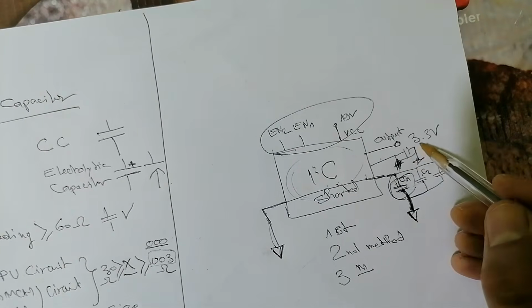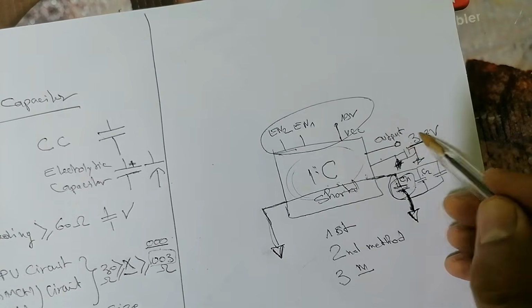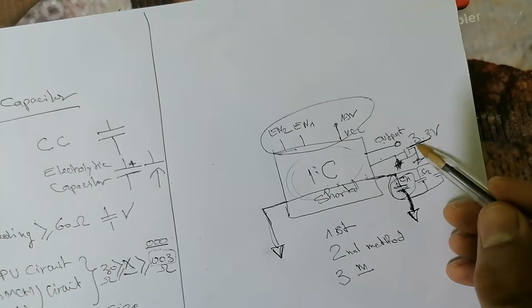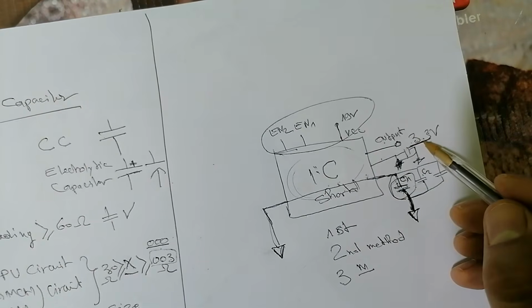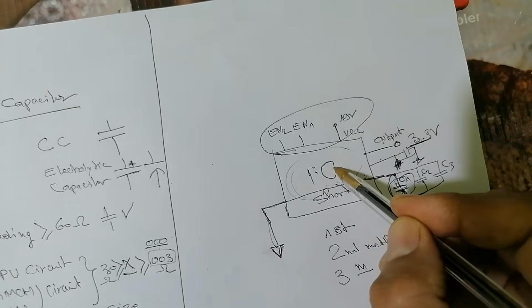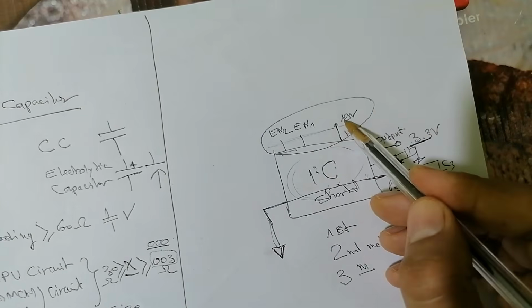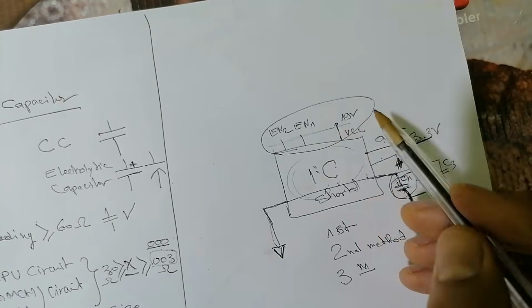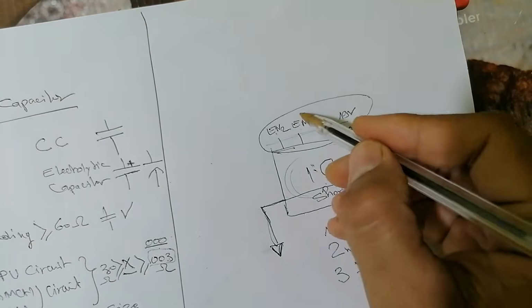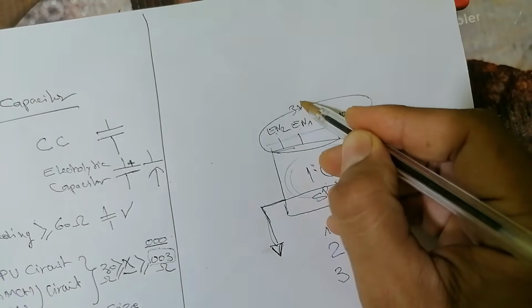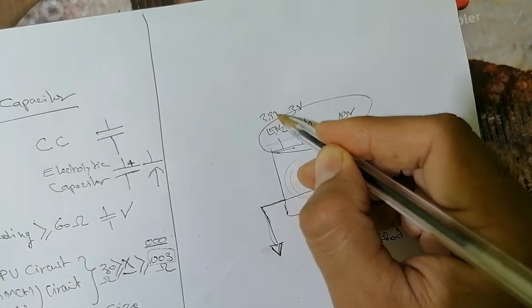For example, we should get 3.3 volt as an output here, but if we didn't get 3.3 volt, it doesn't mean that the IC is bad. We should first check the inputs. We should check VCC 19 volt, is it present or not? We should check these two enablers. Basically, for example, here we have 3 volt and this one 3.3 volt.